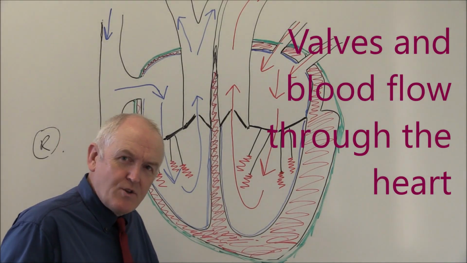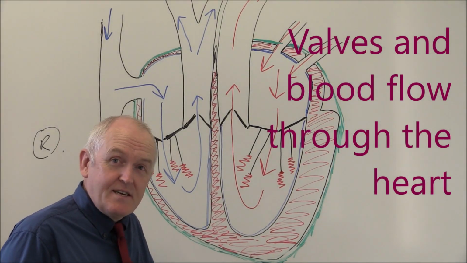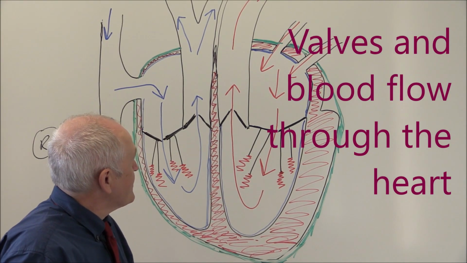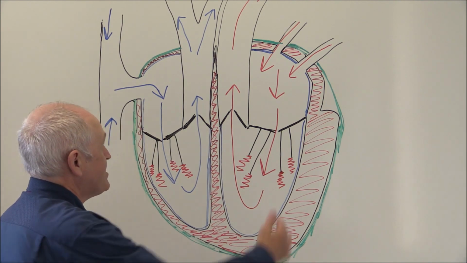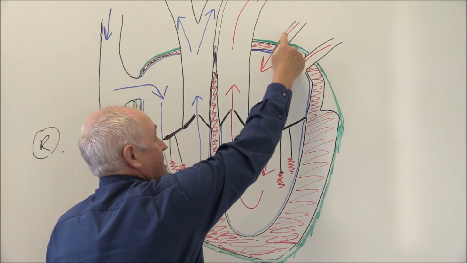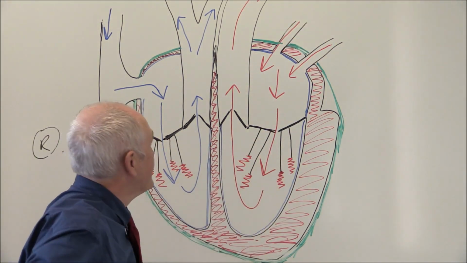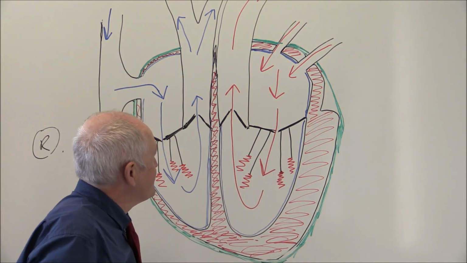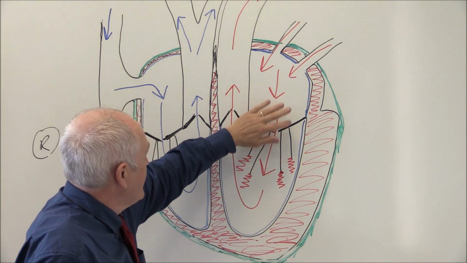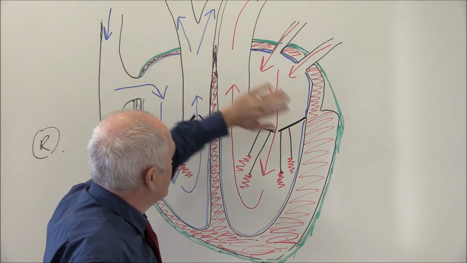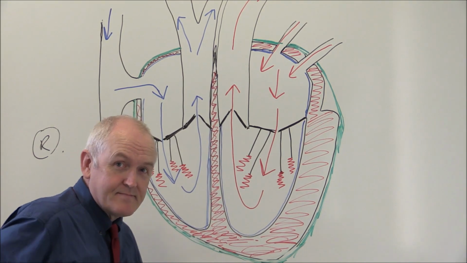What we want to do now is look at the blood flow through the heart in a little more detail. Now, if you've watched the previous video clip, you'll know that the blood is returning from the lungs via these pulmonary veins. And we've drawn this in red because this blood is fully oxygenated and it's going through the left side of the heart.